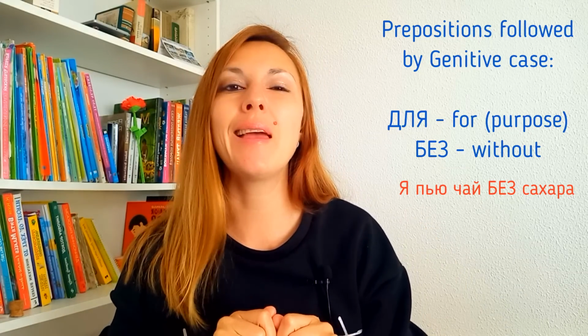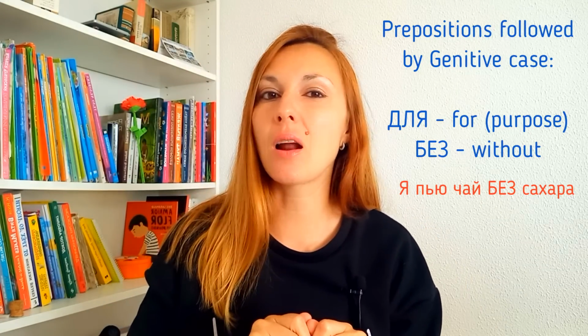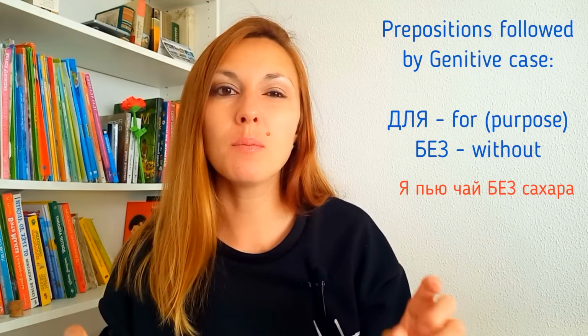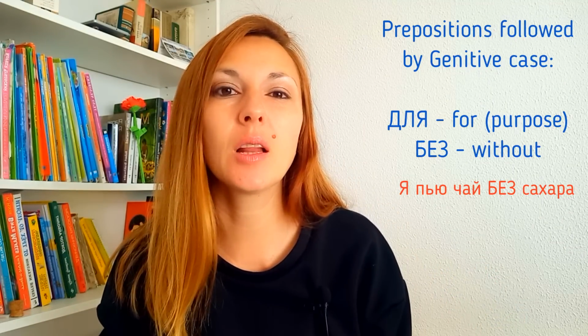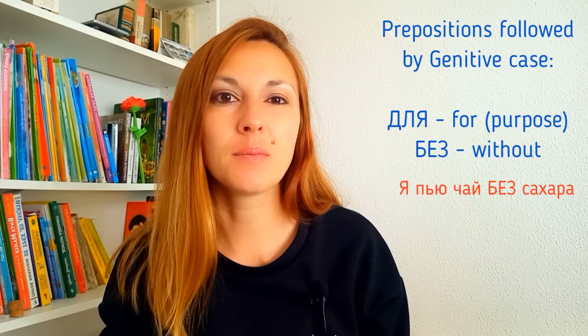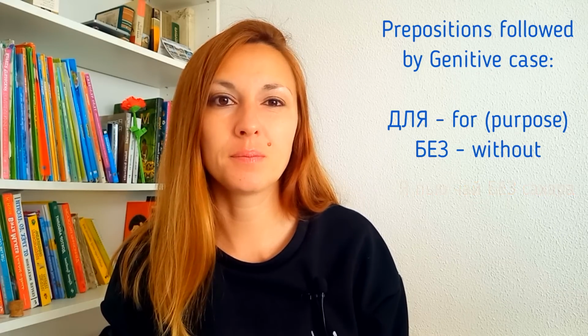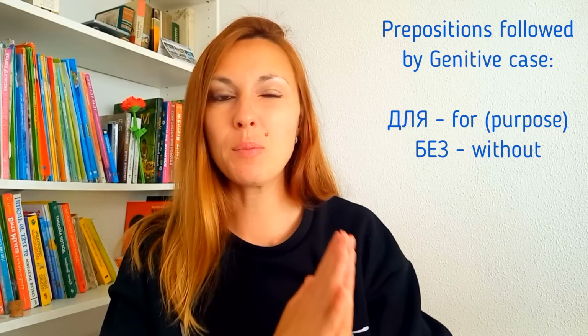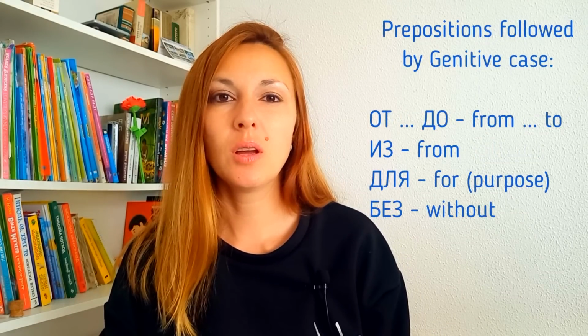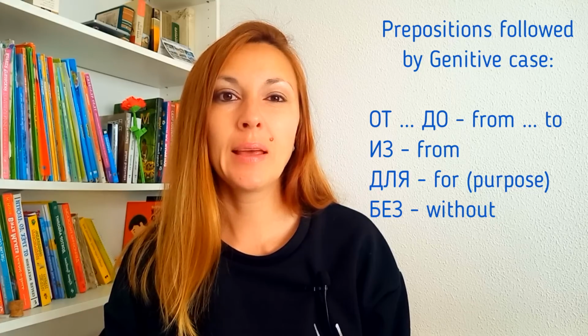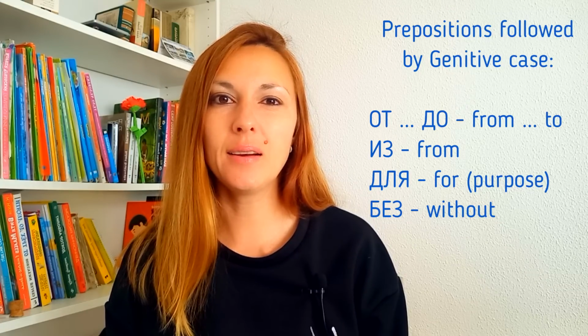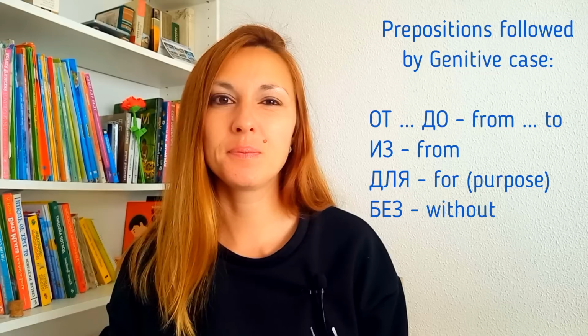We make it one word, but s is just a little bit longer. Без сахара. So, 5 prepositions are done. Let's look at them again. От, до, из, для, без.